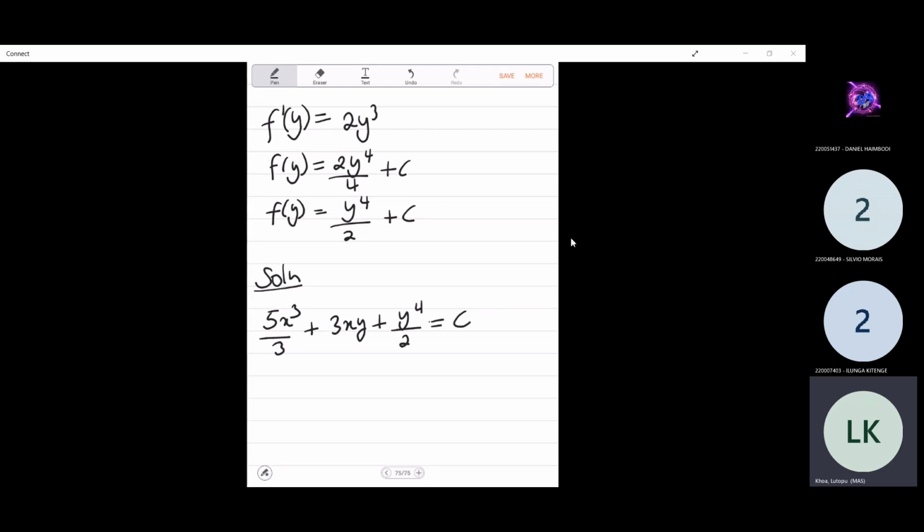And we can multiply everything by 6, just to make it look nicer.